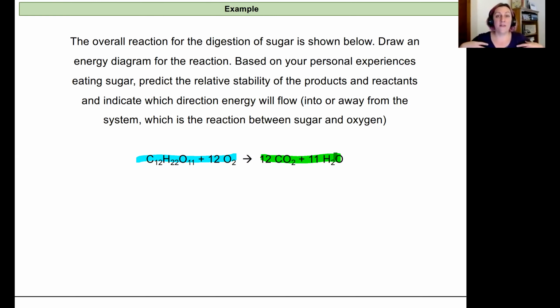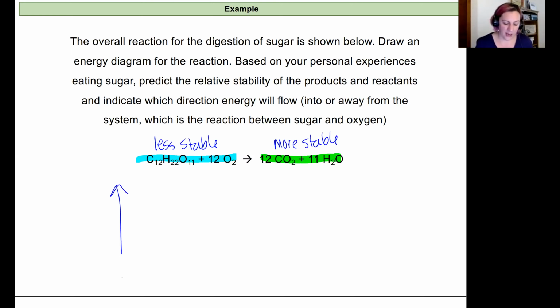So we're going to give off and release energy. And so that means if we're going to release energy, our reactants need to be less stable, and our products need to be more stable.